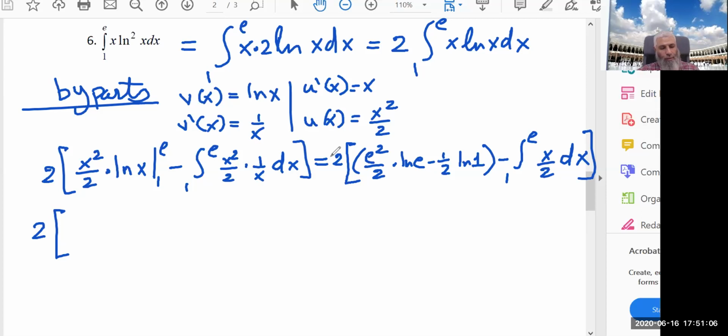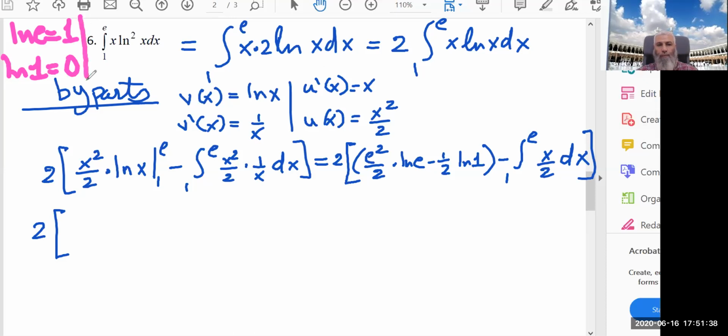What is ln e? We said ln e is 1, right? Yes, right. Ln e is 1, and ln 1 is 0. So we can make a note here that ln e is 1 and ln 1 is 0.